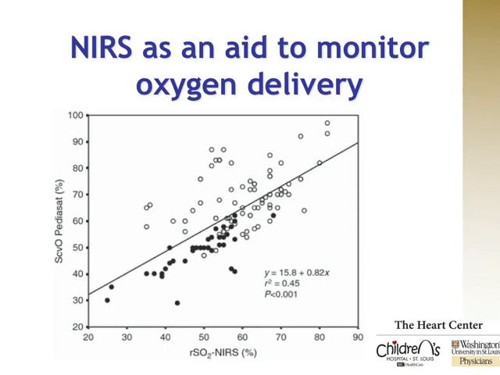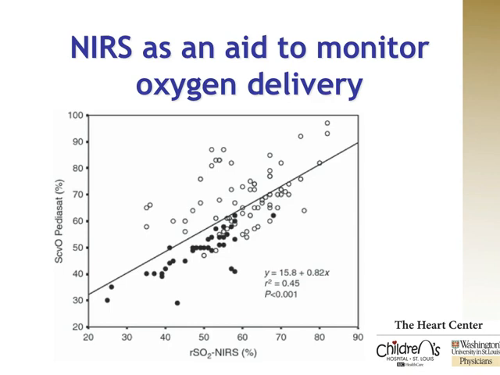So NIRS, near-infrared spectroscopy, cerebral or somatic tissue oxygen content monitoring, it gives us a venous-weighted estimate of tissue oxygen concentration. And it's been shown that it tracks pretty well with measured mixed venous saturation.